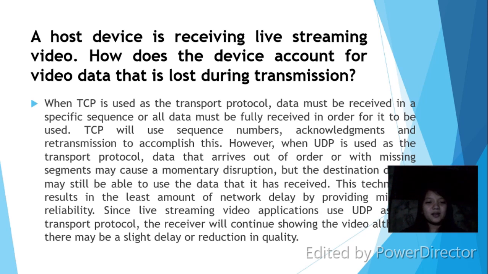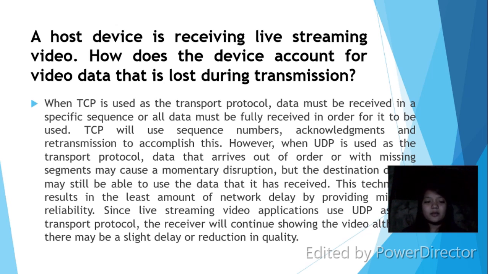When TCP is used as the transport protocol, data must be received in a specific sequence or all data must be fully received in order for it to be used. TCP will use sequence numbers, acknowledgements, and retransmission to accomplish this. However, when UDP is used as the transport protocol, data that arrives out of order or with missing segments may cause a momentary disruption.